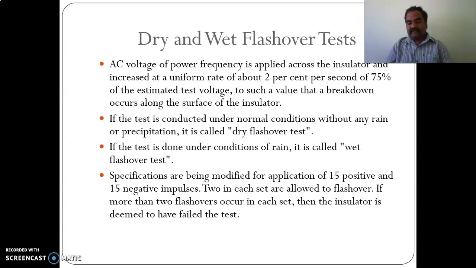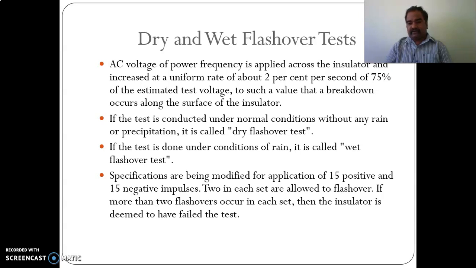Now we will take an example. Let us suppose I take an insulator. Let us suppose it is to operate at 100 kV, and I have designed it, and I am bringing it to practice or to the field. Now, if I design that insulator to operate at 100 kV, the withstand voltage may be a little bit higher than 100 kV.